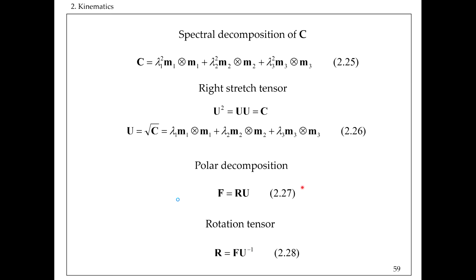But again, going back to 227, what we assumed here, and of course we will need to look into R more closely, is that the deformation gradient can be split into two parts.